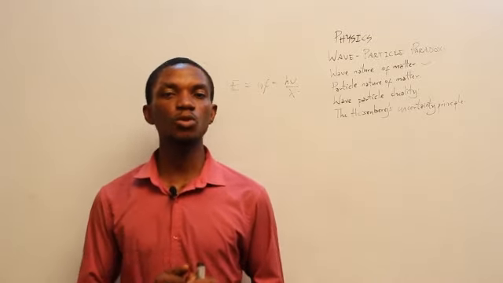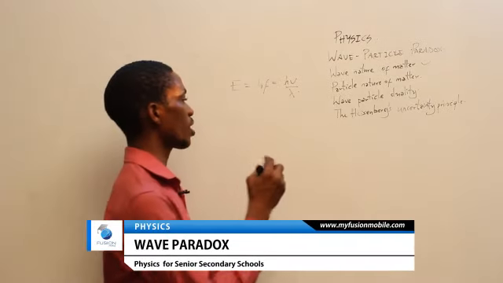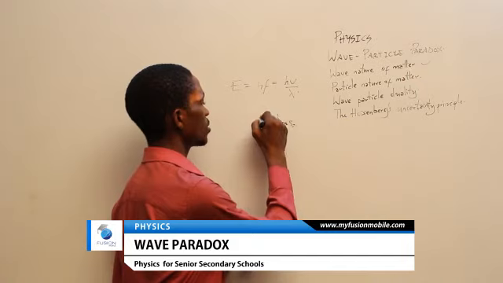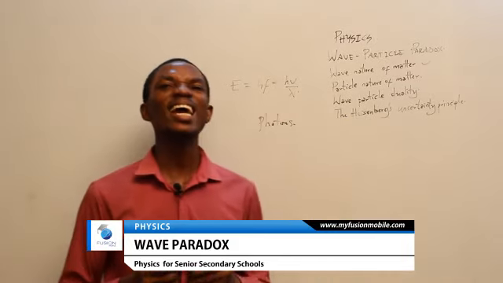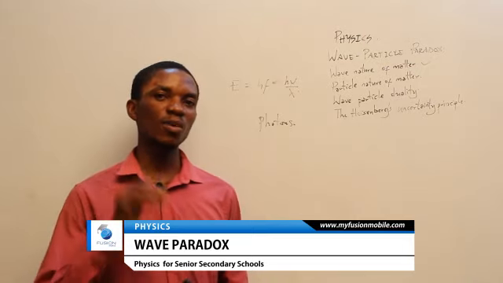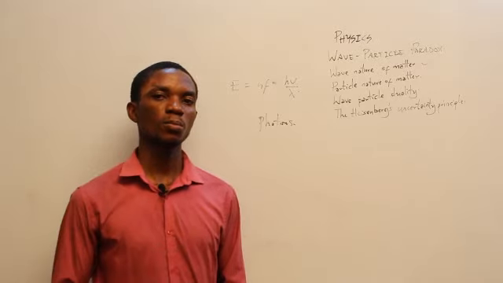We describe them as photons, which is a way of describing light electrons, that is, electrons of light. And we all know that electrons are particles.